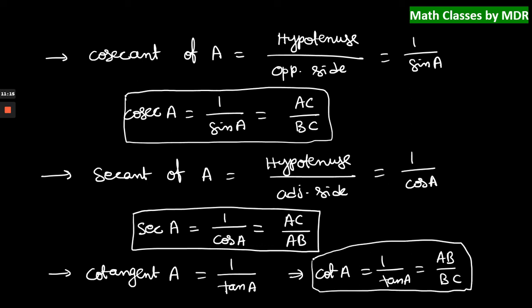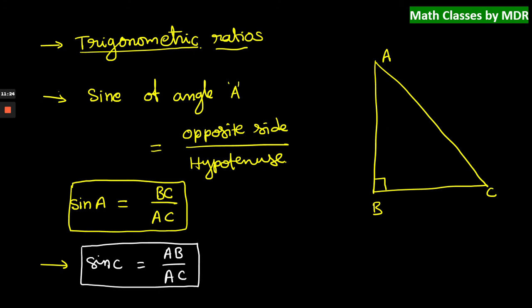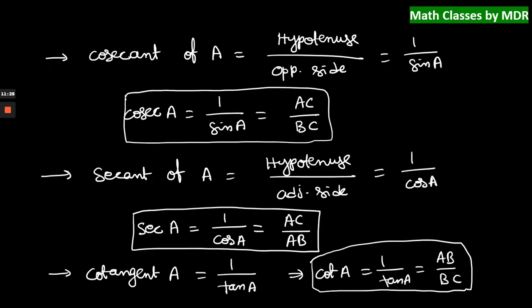So by this we have completed defining all the trigonometric ratios. What we have seen: sin A, cos A, tan A, cosecant A, secant A, cot A.